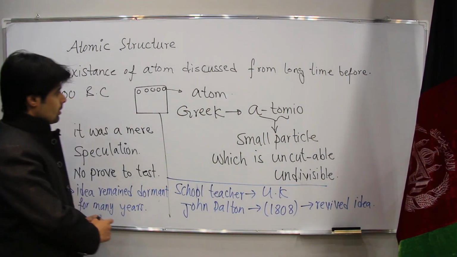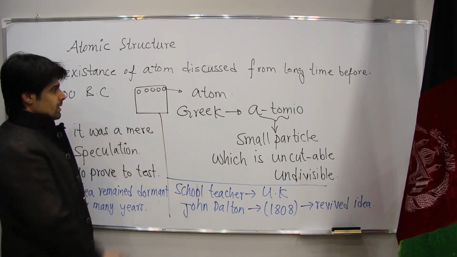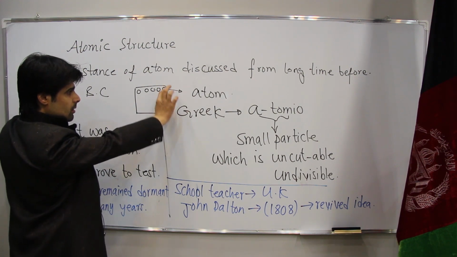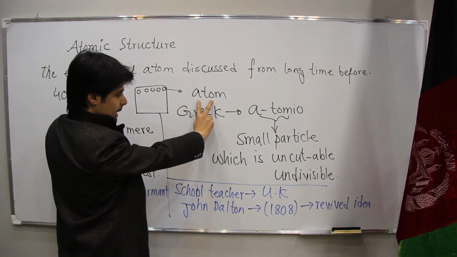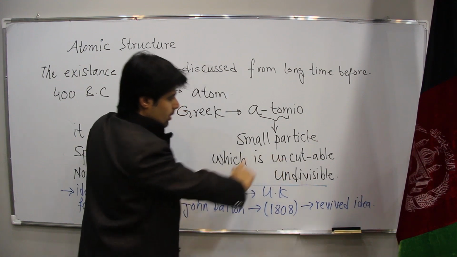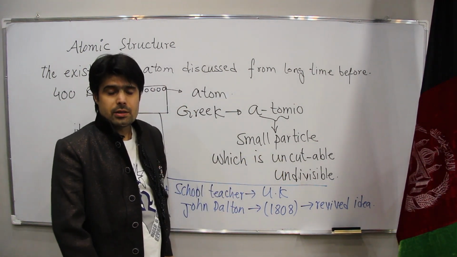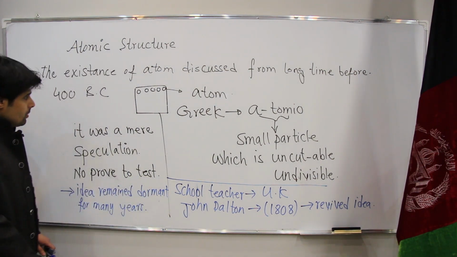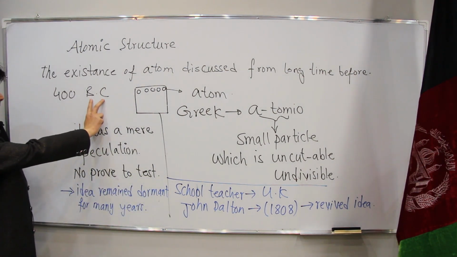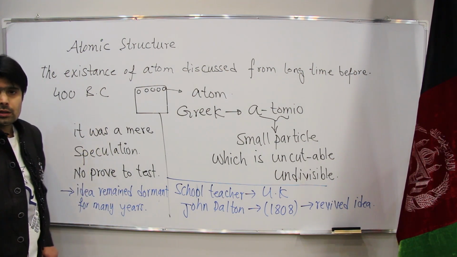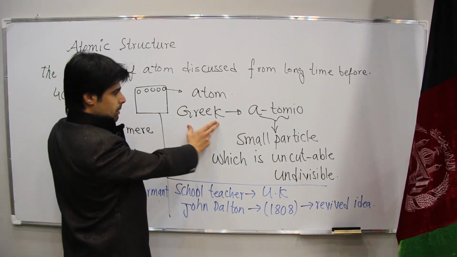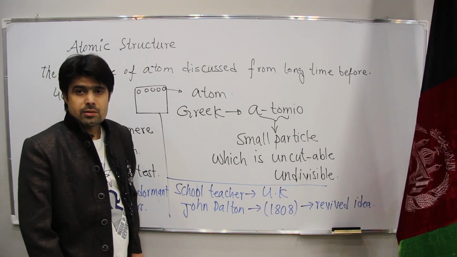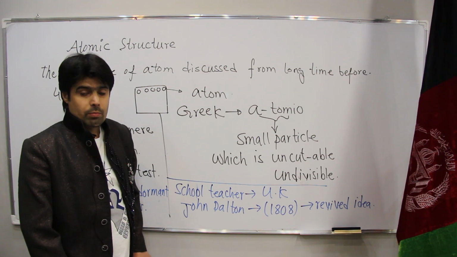He said that whenever you are looking at matter, this matter is made of small particles, and that small particle is atom, and it is uncuttable or indivisible. I mean that 400 before Christ, this idea was created, maybe by Greeks by the name of atomio, or maybe by Europeans, or Americans, or Asians.